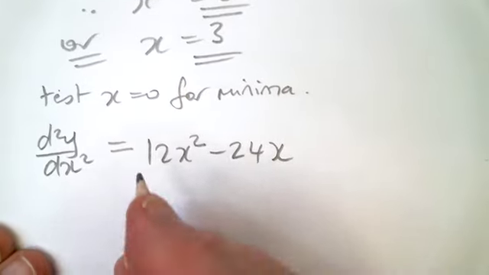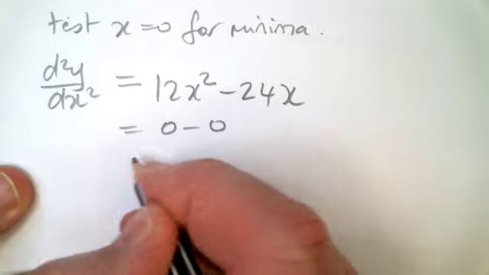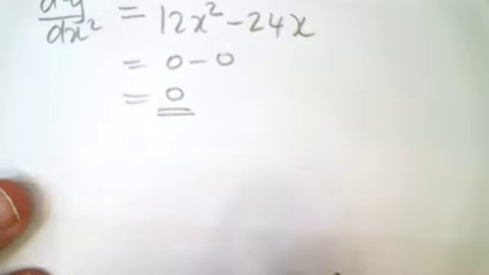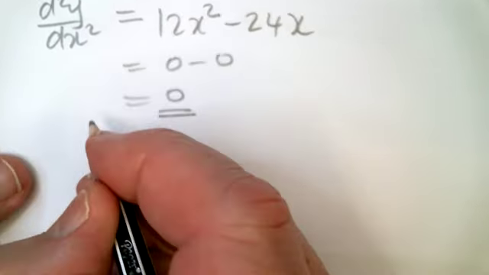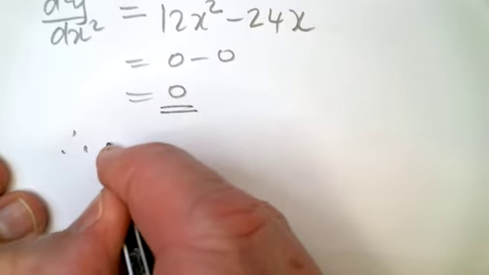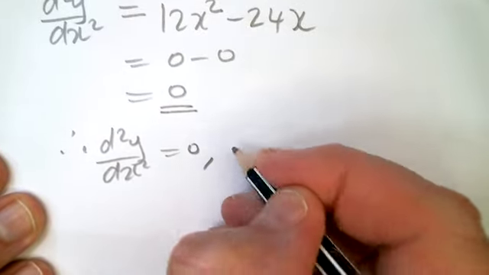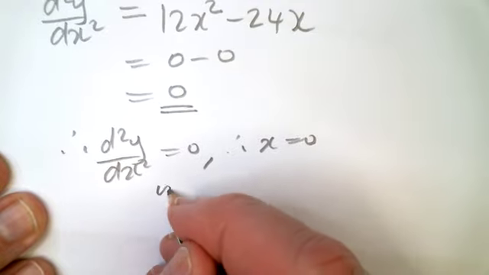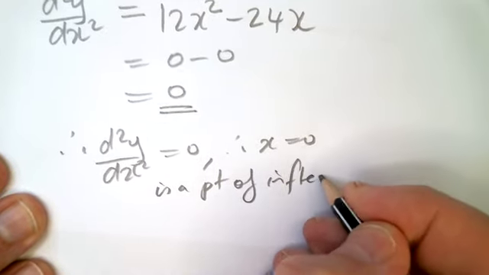So when we put a 0 into there, it equals 0 minus 0 is 0. What we've got here is not actually a maximum or minimum. This is a point of inflection. Therefore, d squared y over dx squared is equal to 0. Therefore, x equals 0 is a point of inflection.